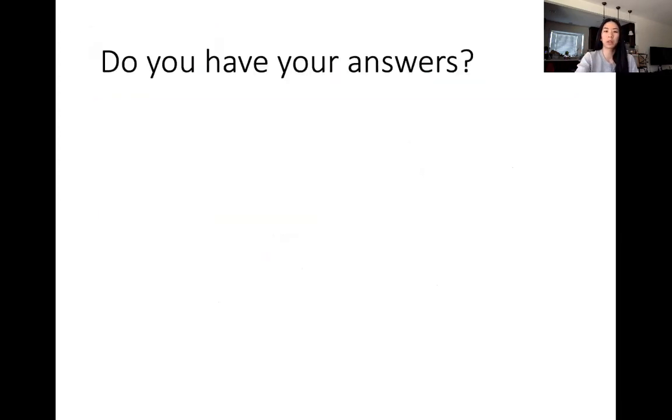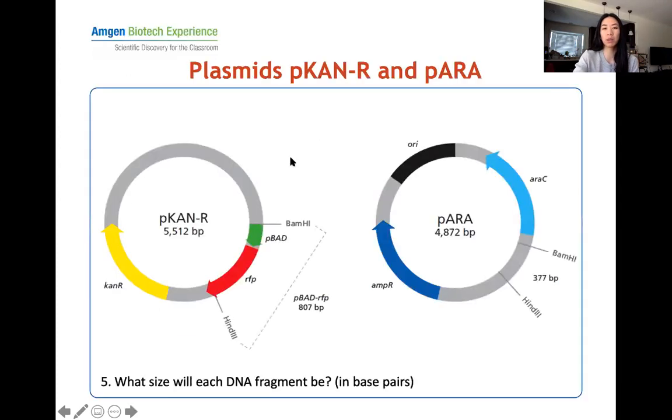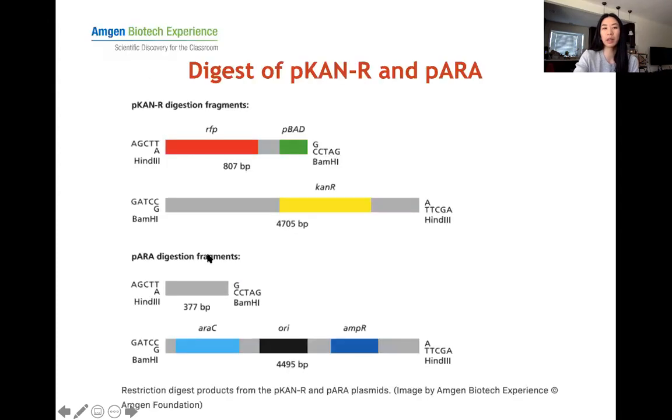All right, so do you have your answers for that last question? Make sure you tried to figure it out and do the math. Okay, because here are the answers. So if you have 4 fragments, you are going to end up with a piece that is 807 base pairs. So this piece right here would match up to this piece on the plasmid. And then you have this larger piece, which would be 4,705 base pairs.